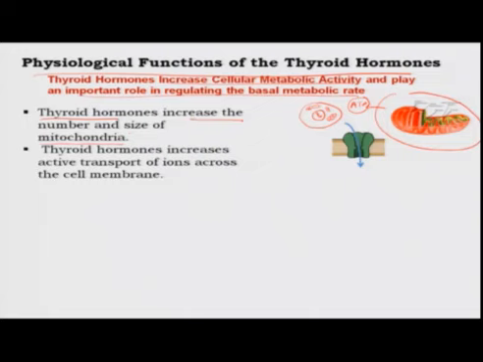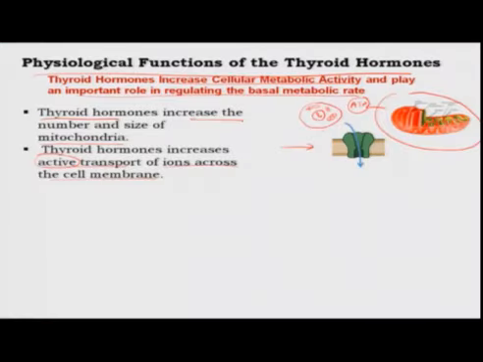At the cellular level, it increases the active transport of ions across the cell membrane. What do we mean by active transport? Membranes have these channels which I referred to before, and these are present in all cells, and they allow the passage of different molecules depending on their selectivity and on the concentration gradient of these molecules outside and inside the cell.